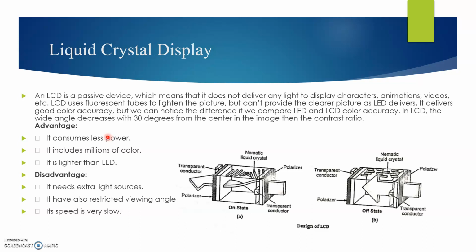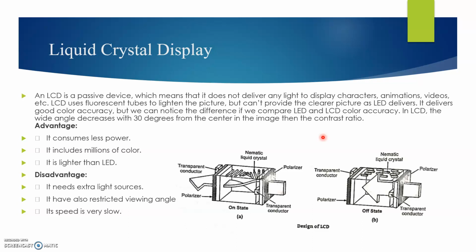An LCD is a passive device, which means that it does not deliver any light to display characters, animations, videos, etc. LCD uses fluorescent tubes to lighten the picture but can't provide as clear a picture as LED delivers.